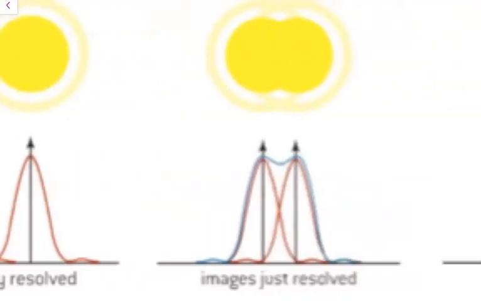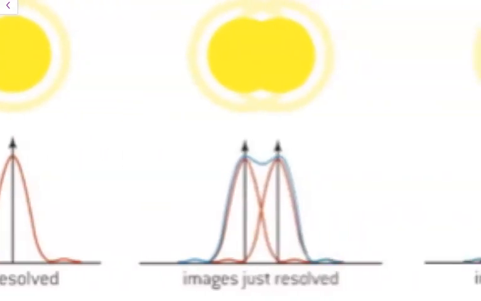At some point in time, though, they become just on the brink of becoming 1 image, or vice versa, just on the brink of becoming 2 images. And this is when we call something just resolved. That's the term, just resolved. And that occurs when the central maximum of one of the images matches with the first minimum of the second image.